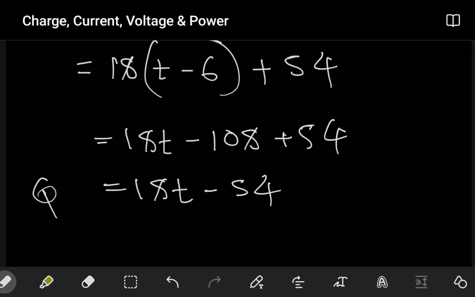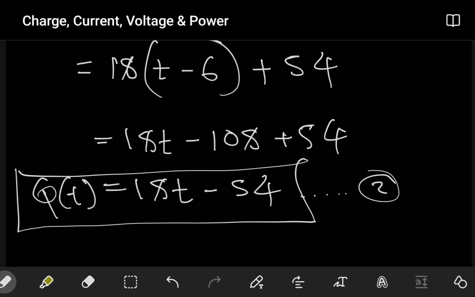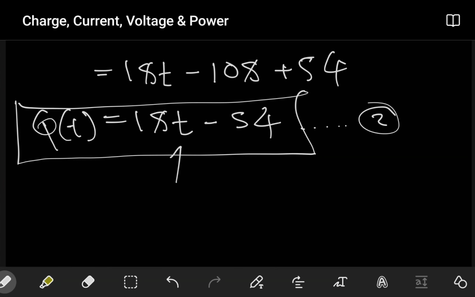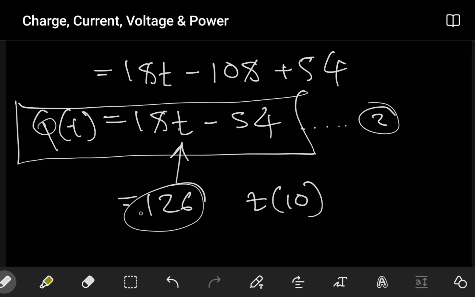So this becomes an expression that gives us the charge. If you look at this expression, this is a linear equation where if you substitute a value of time here, let's say time equals 10, which we've already done, if you plug in a 10 here, it correctly gives you the charge at 10 seconds, which is 126, what we found earlier.